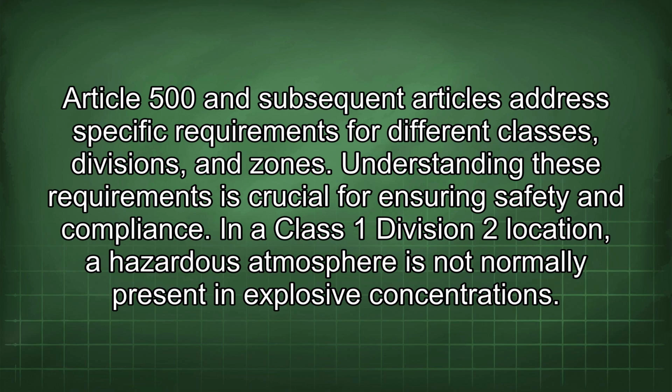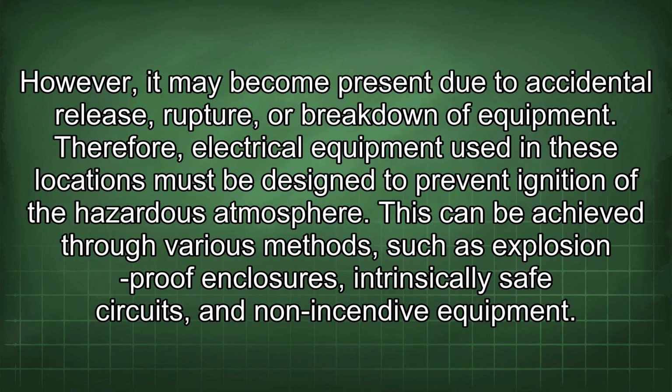In a Class 1 Division 2 location, a hazardous atmosphere is not normally present in explosive concentrations. However, it may become present due to accidental release, rupture, or breakdown of equipment. Therefore, electrical equipment used in these locations must be designed to prevent ignition of the hazardous atmosphere.